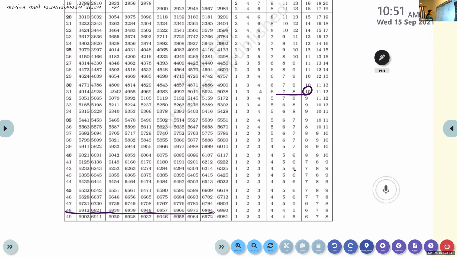So we'll get 6884, then 6, which is 5. So we get 6889.